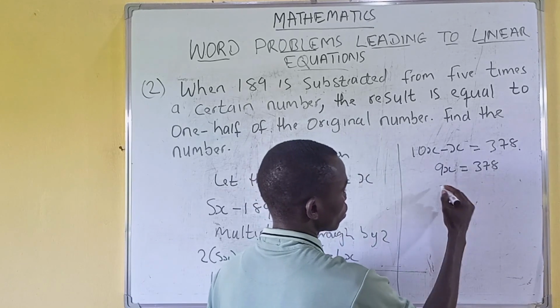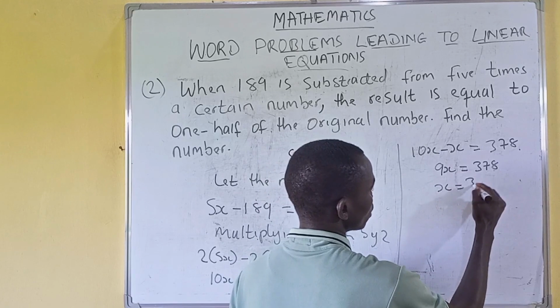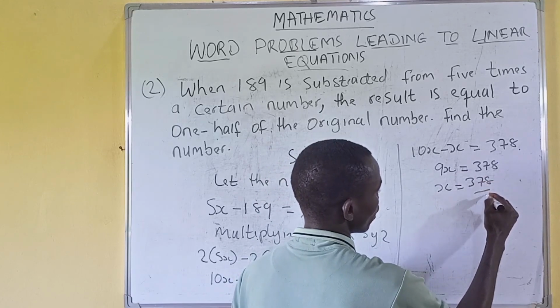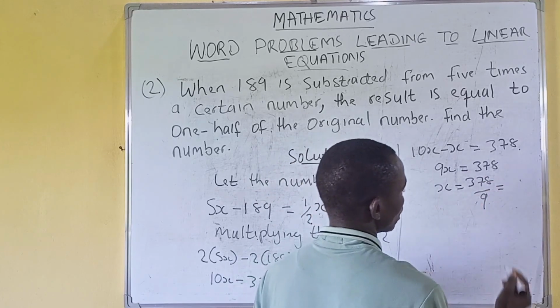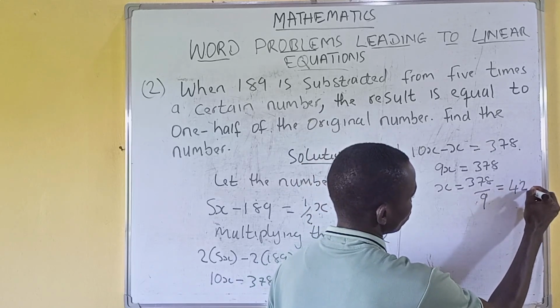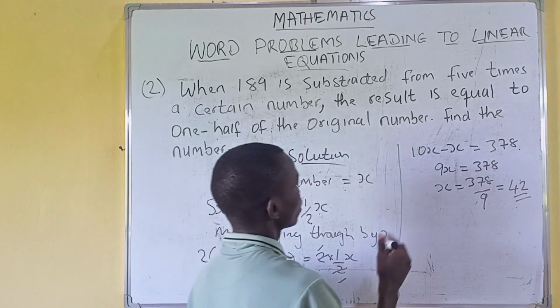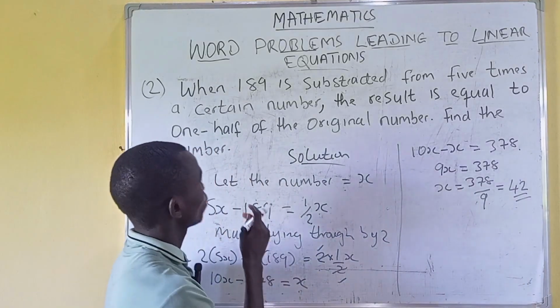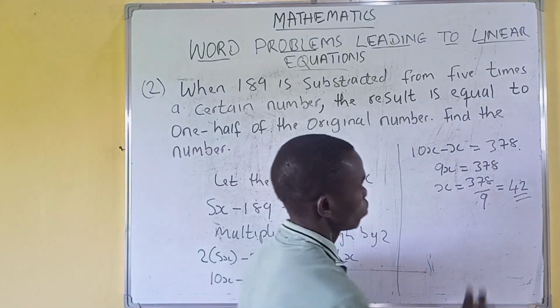We make S the subject of the formula. S will now be 378 divided by 9. So our answer will be 42. So the certain number is equal to 42.